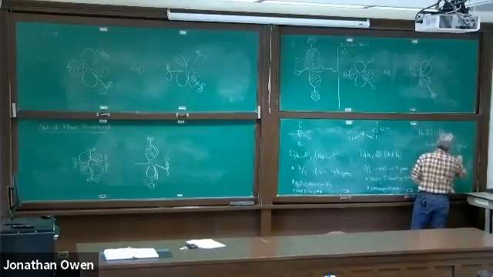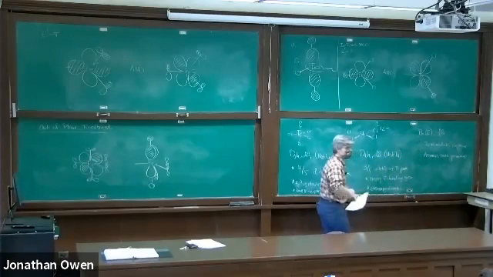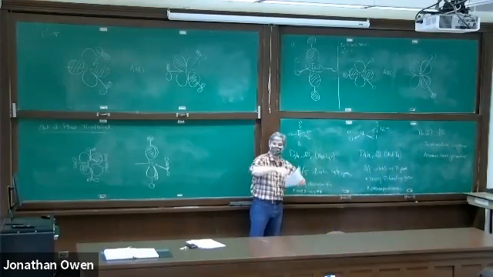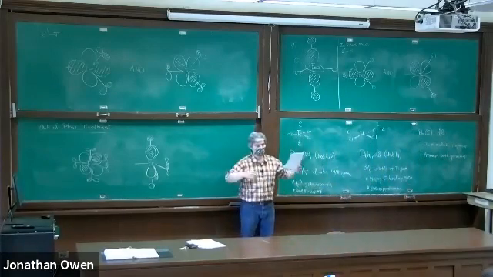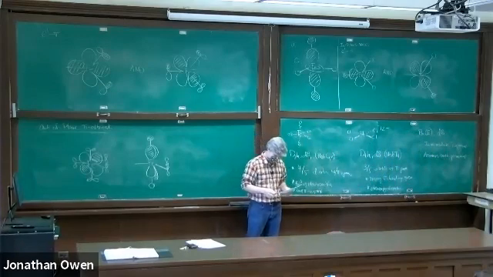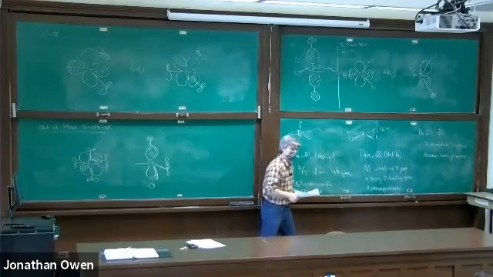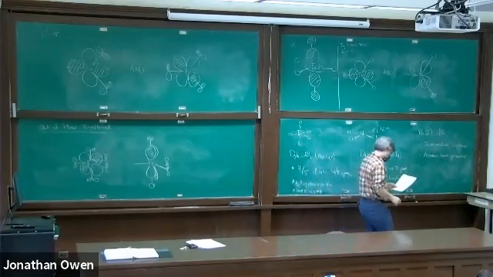And in fact, when you have those metals, they flip around between the various geometries because the geometries are closer in energy, so they just sample them rapidly. This is especially true for 5-coordinate geometries. Okay?